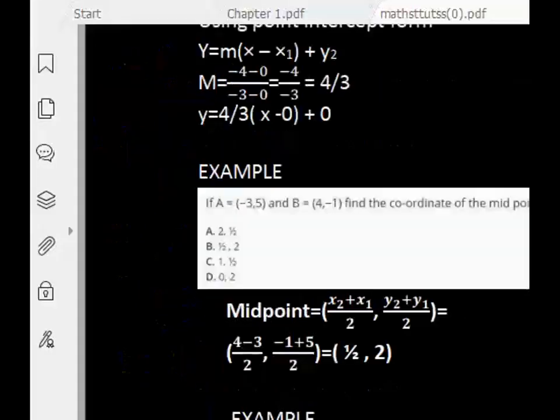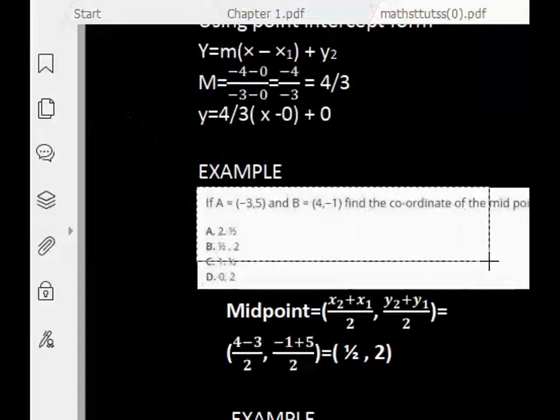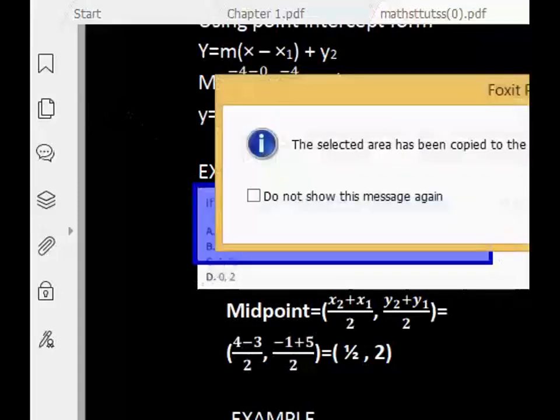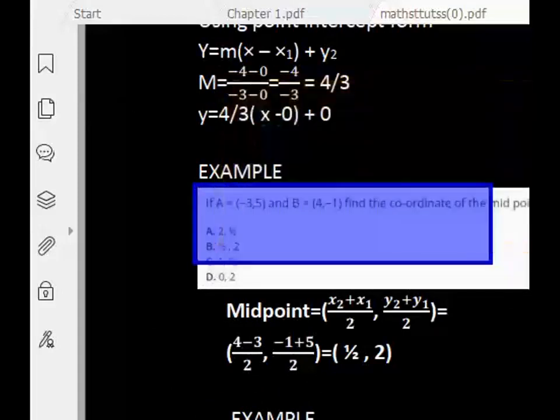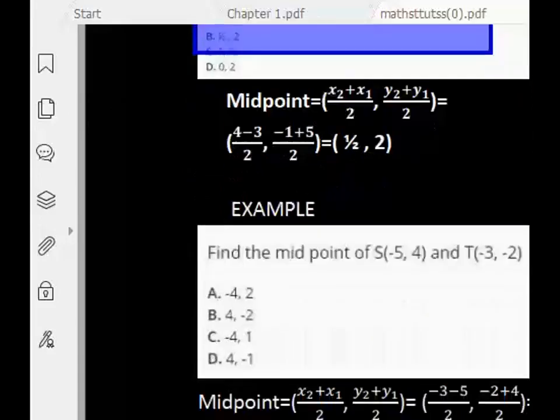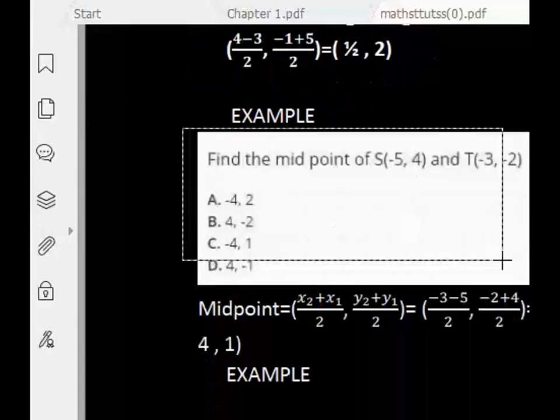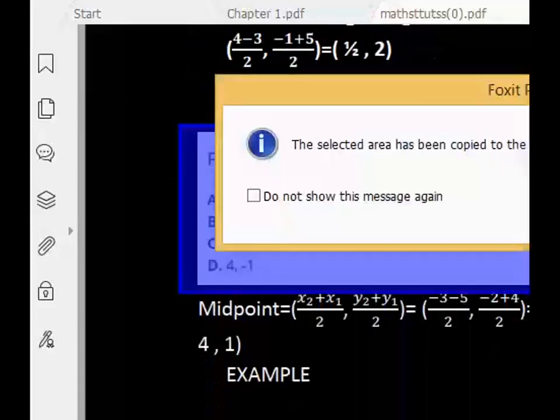All right, let's look for another question. This one is simple though. Okay, let's do justice to this.